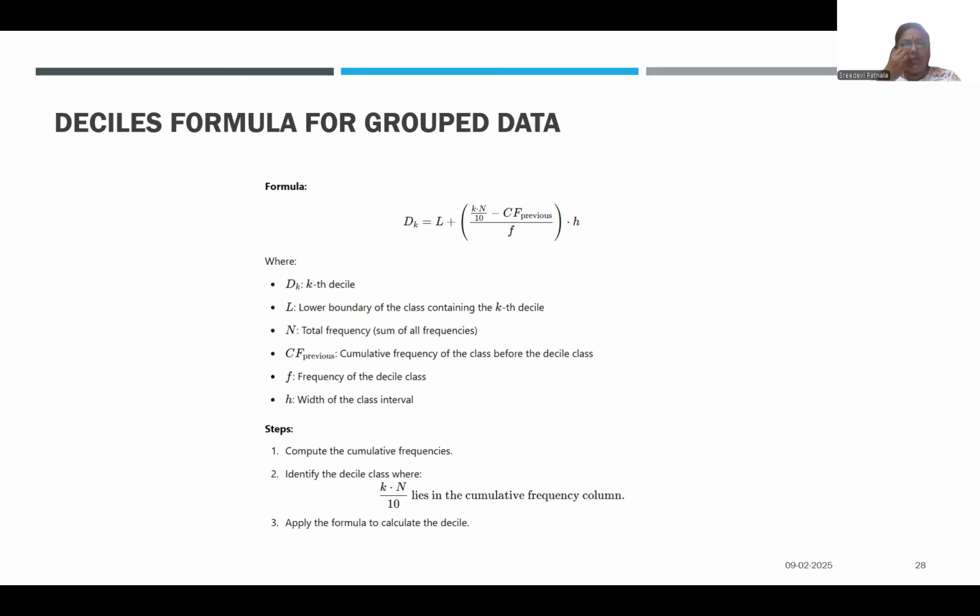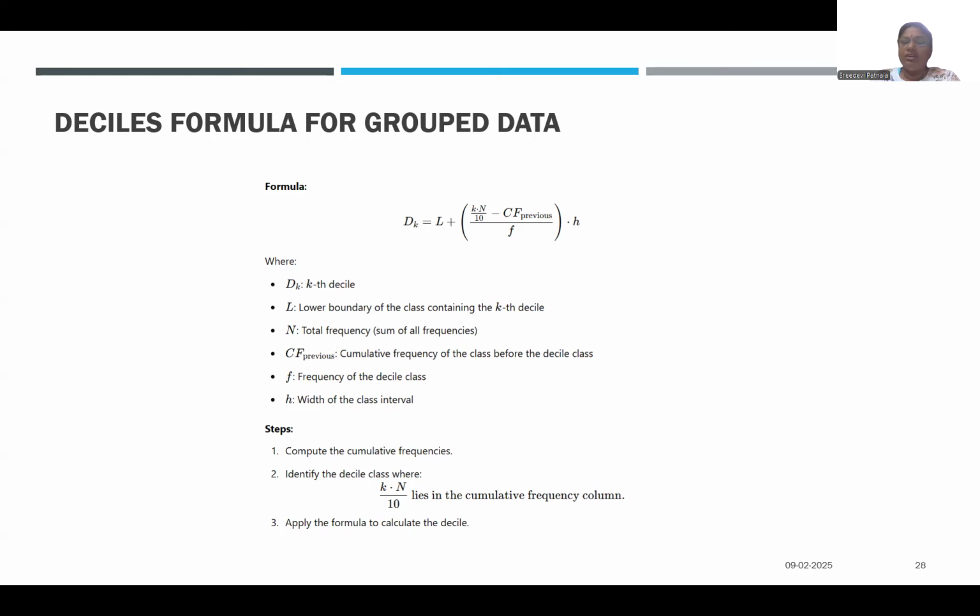And for grouped data, from the median onwards, when a class interval is given, you will talk about cumulative frequency. When you talk about arithmetic mean, geometric mean or harmonic mean, you talk about midpoints when a class interval is given. So by default, CF will come. CF is nothing but cumulative frequency, which is adding the frequencies from top to bottom, keep on adding till your data set ends.